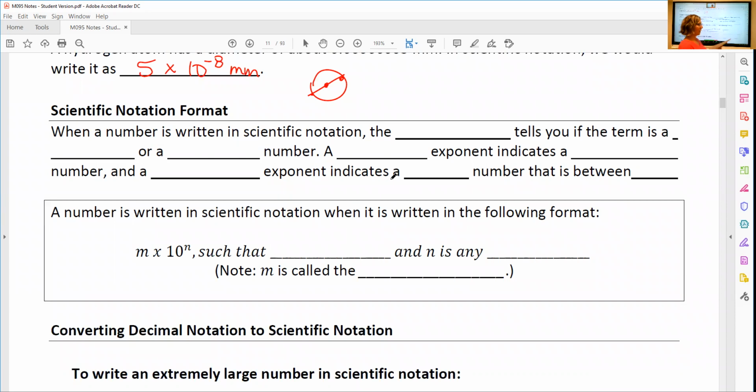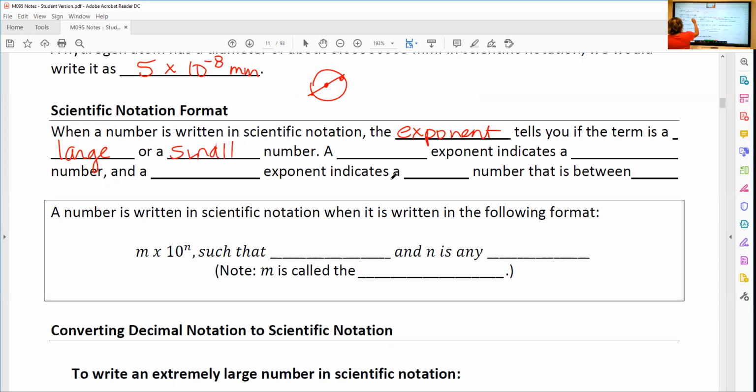So our scientific notation format says, when a number is written in scientific notation, the exponent tells you if the term is a large or a small number.